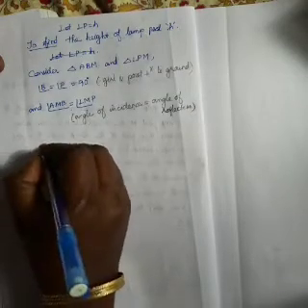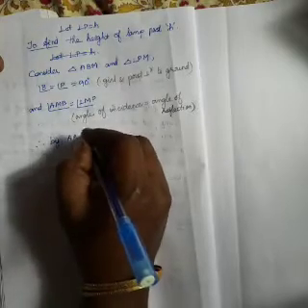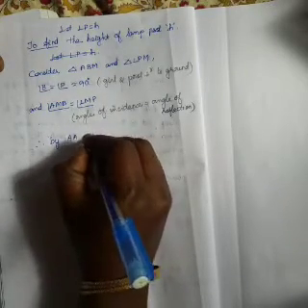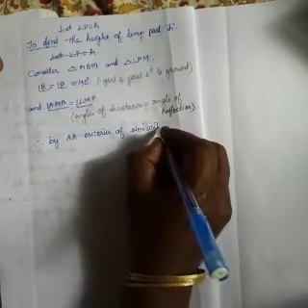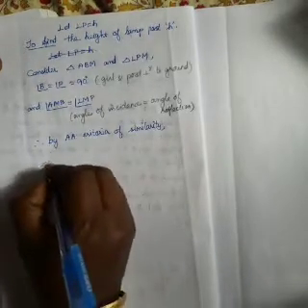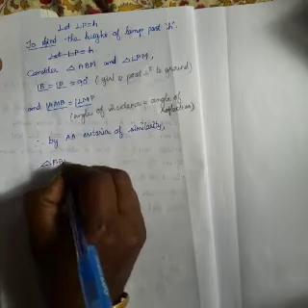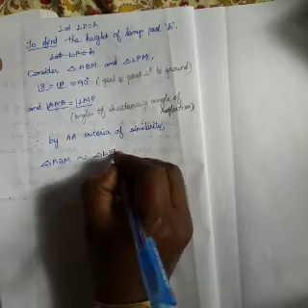So we can say therefore by AA criteria of similarity, triangle ABM is similar to triangle LPM.